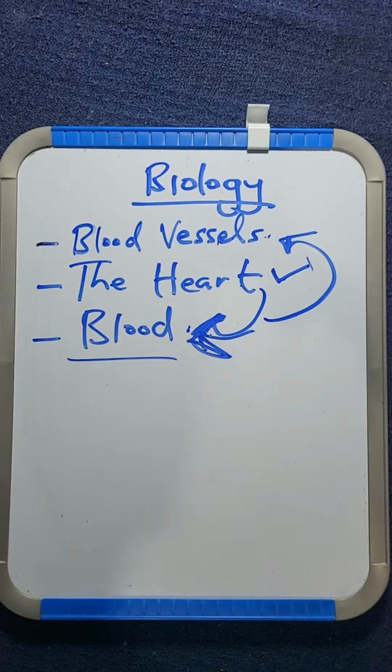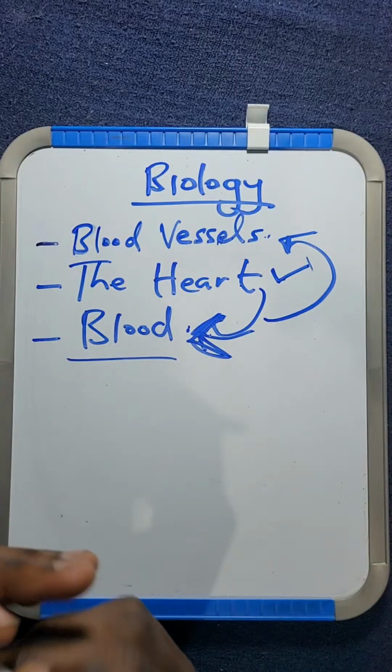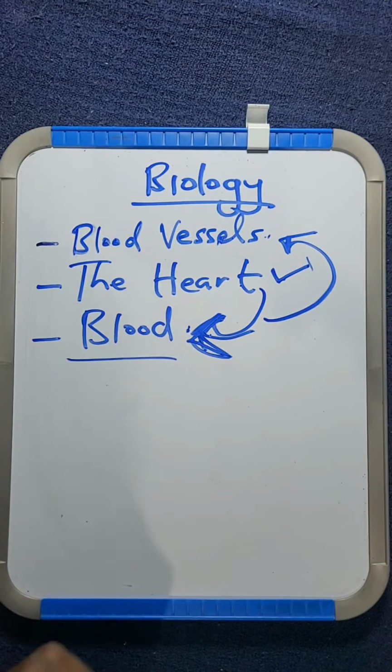What's the other characteristic? It is branched and striated. Okay, it is only found in the heart.